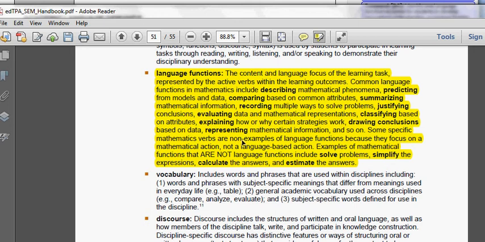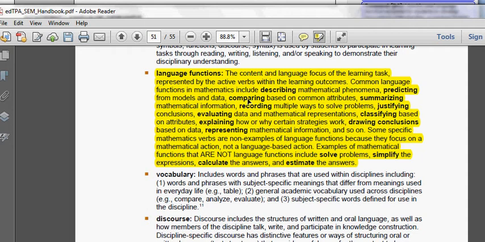Some specific math verbs are non-examples of language functions because they focus on math action, not a language-based action. So examples of math functions that are not language functions include solve, if you're just having them solve a problem, or simplify an expression, or calculate an answer, or estimate an answer. That focus is all about the procedure, right? It's really focusing on a math action, not something language-based.